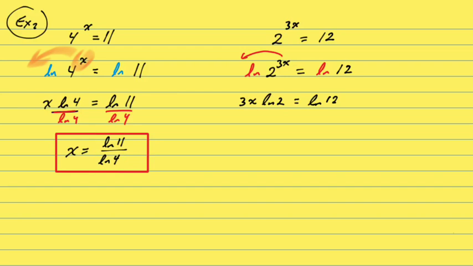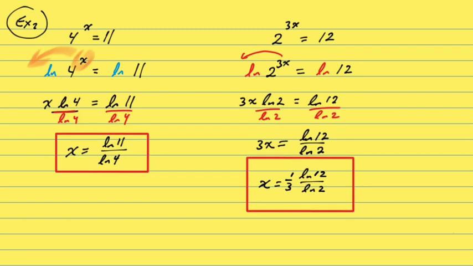Opposite of multiplying by ln of 2 would be to divide by ln of 2. So you get 3x equals, let me rewrite this a little neater, 3x equals ln of 12 divided by ln of 2. And then to get rid of the 3, you would just multiply by 1/3. So you would have 1/3 times this. That's just another example.